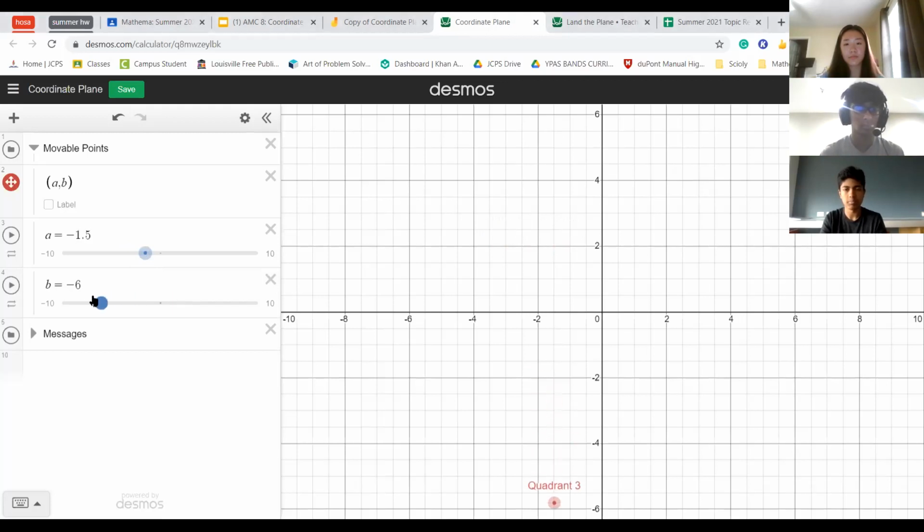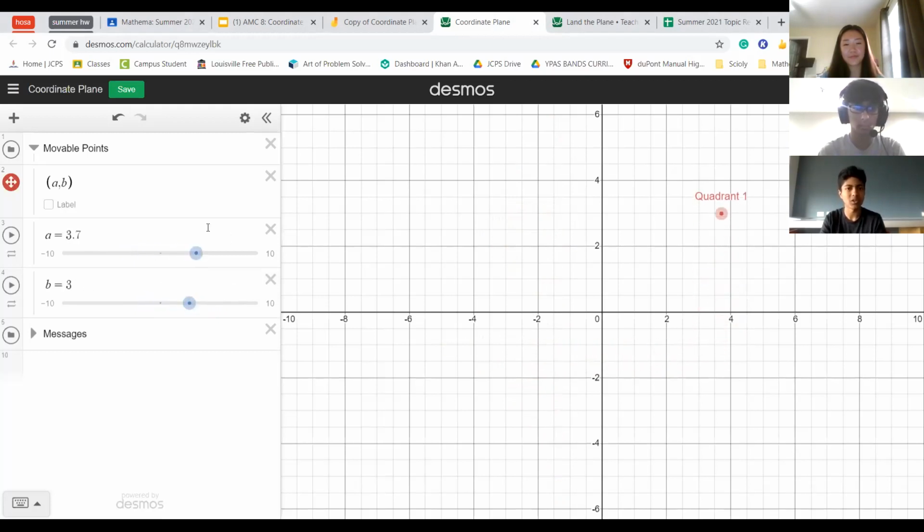So b is going to be our y value. So when you're expressing coordinates, it's always going to be x comma y. This should be fairly trivial. So if you don't understand this, then you're kind of screwed for the rest of class. So this is very important. So yeah, x comma y, x is horizontal, y is vertical.